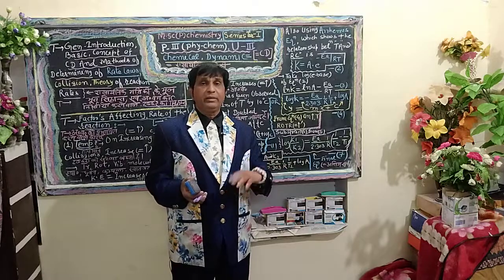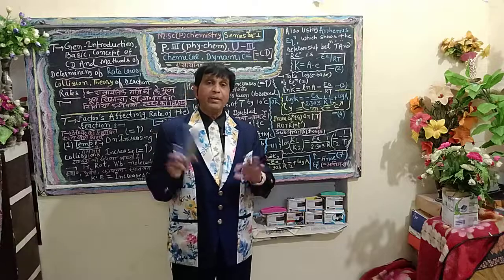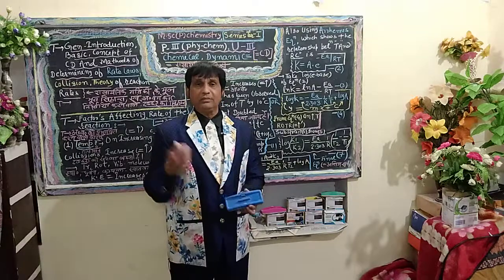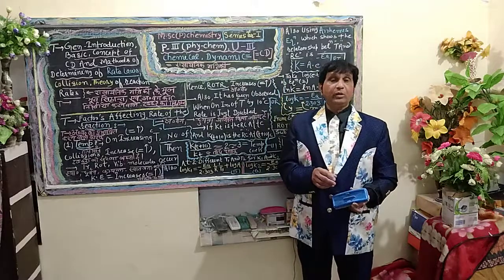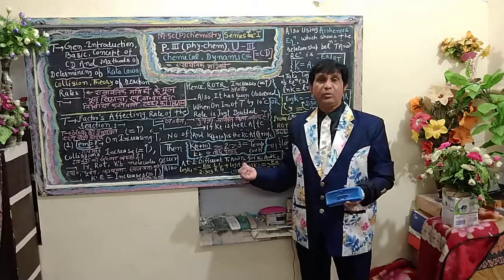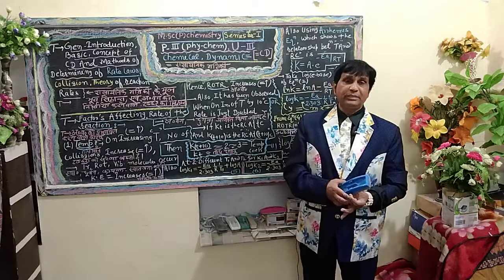We have derived them from equation number 4, as equation number 5 and equation number 6, at two different temperatures with rate constants K1 and K2.